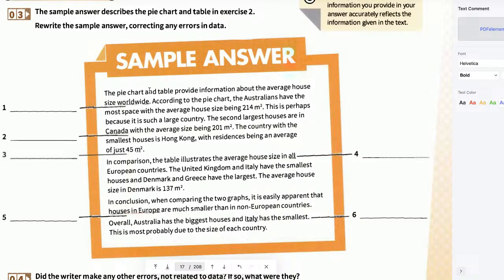It's okay, but it's not very clear. You must be very clear about what is mentioning what. Because if you just say the average house size in this, that or something, it doesn't mention clearly, because here we have two things, right? We have the pie chart, we also have the table, right? So you must explain very clearly which one mentioned what. Okay?